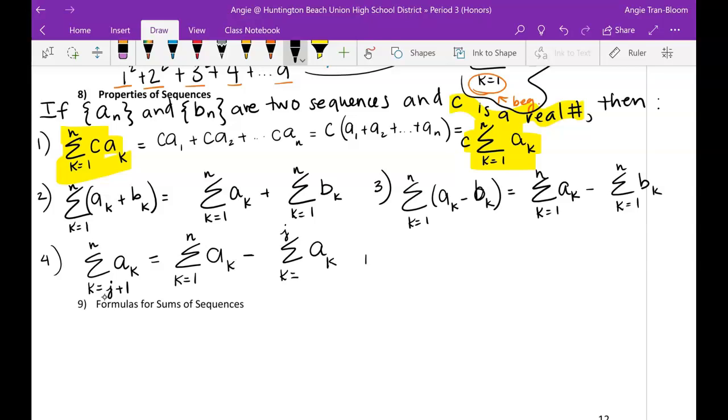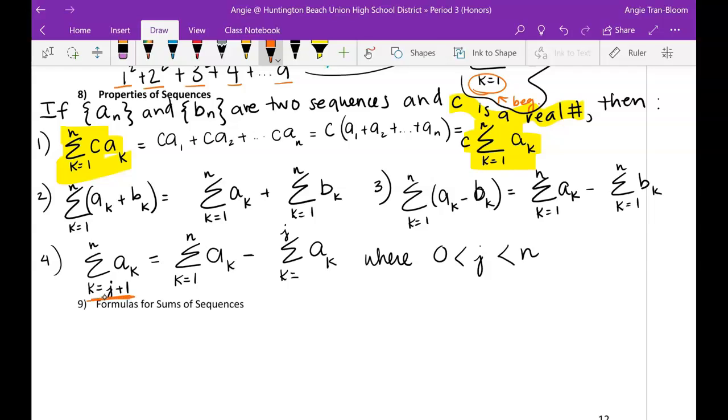Okay, and what on earth is j? Where j is greater than 0 and less than n. Okay, so let's say n is 9. Okay, that means j can be 4. So that means this is really starting at 5, right?